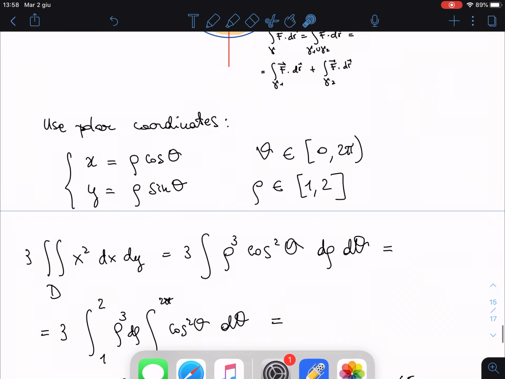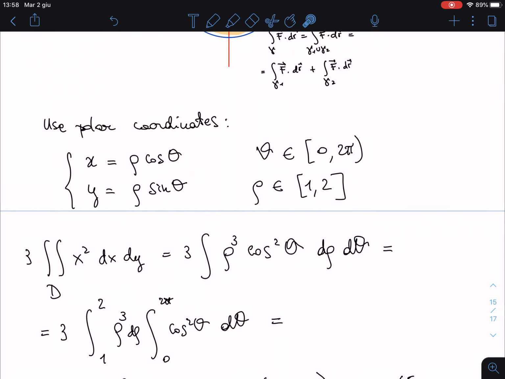So we write down the integral that we want to compute, 3 times the integral of x squared. This is equal to 3, and here x squared is rho squared cos squared of theta, but remember that when you pass from Cartesian to polar coordinates, you have to replace dx dy not only with d rho d theta, but you have to multiply by rho.